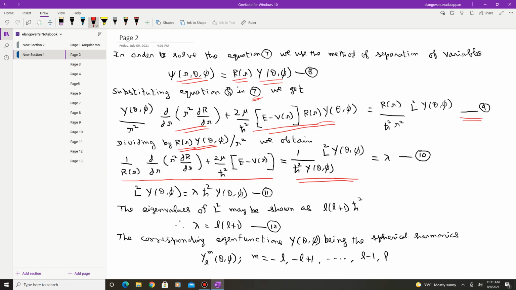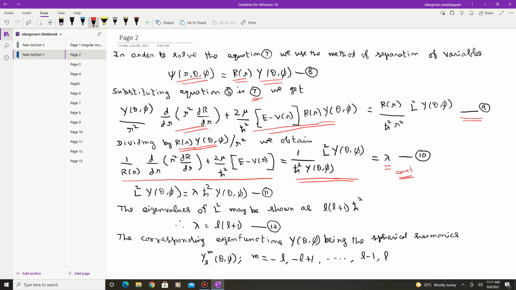This is possible only when both are a constant, independent of r, theta, phi, because the left hand side is a function of r alone and the right hand side is a function of the angular part. Both are equal, which means this must be independent of the coordinates. So this must be a constant lambda.